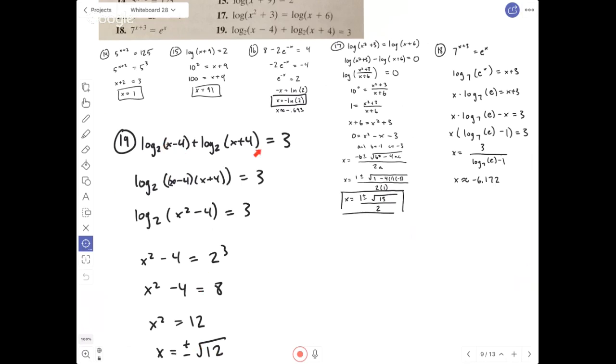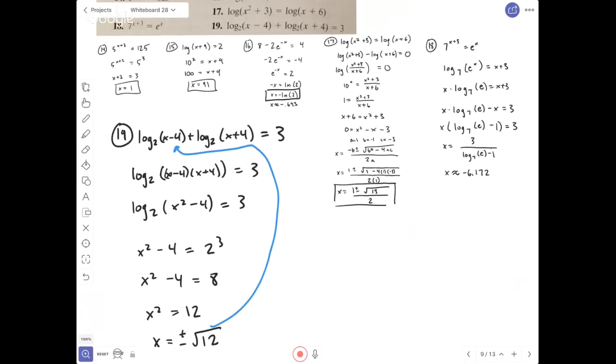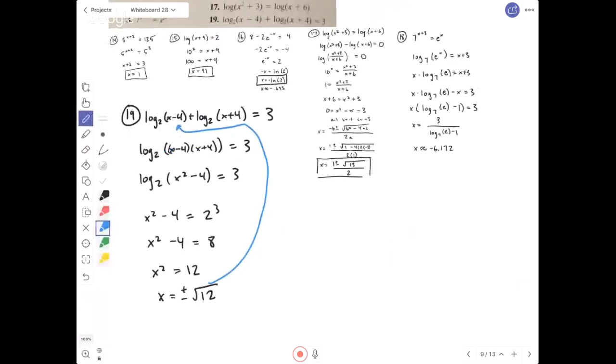So neither of these are real solutions. So here's a situation where when I plug this in up here, they both make a negative in the argument of the log, and there is no solution. I can't plug either of those in.